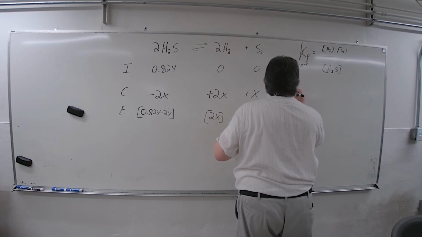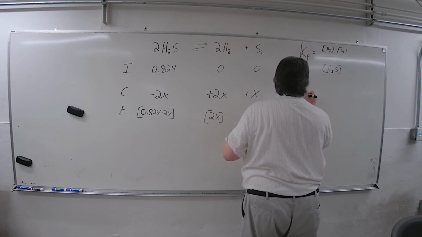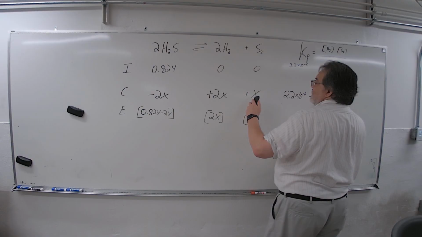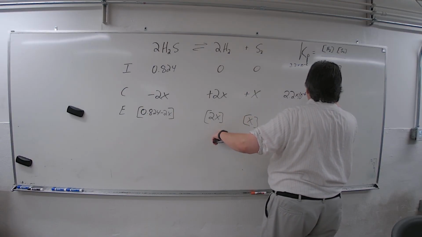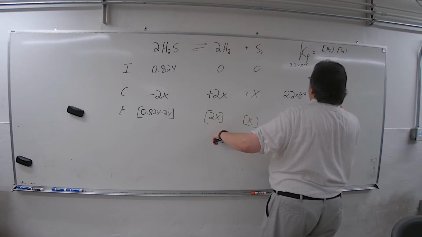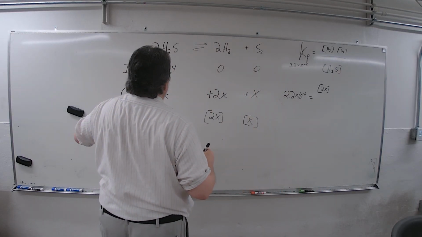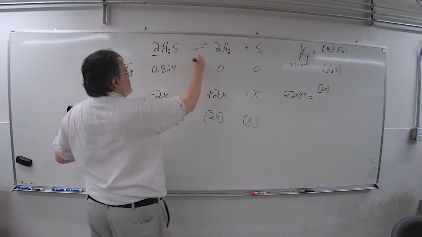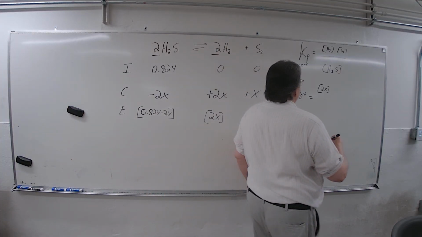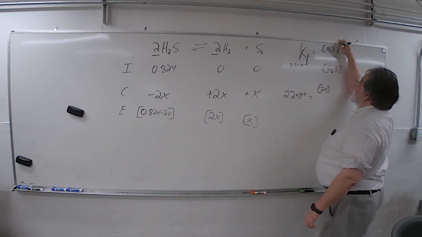And we end up with 2.2 times 10 to the negative 6. This concentration, oh, I forgot something. I did forget something important. This 2 and this 2, do you remember what we do with those? They go here.